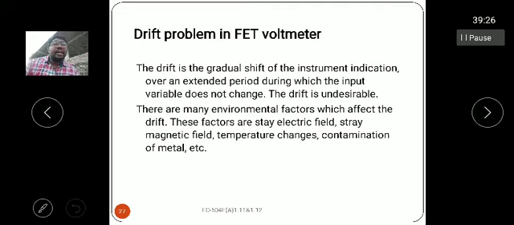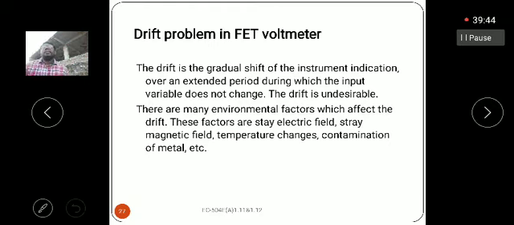The drift is undesirable. There are many environmental factors which affect the drift. These factors are stray electric field, stray magnetic field, temperature changes, and contamination of the metal, etc.